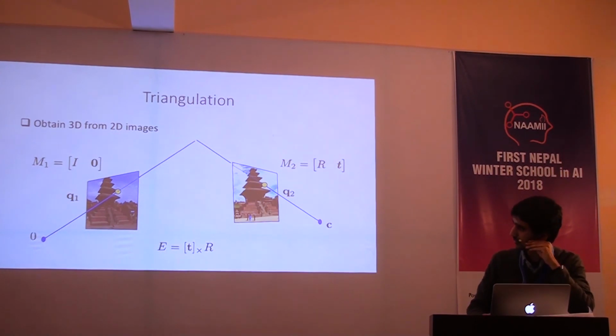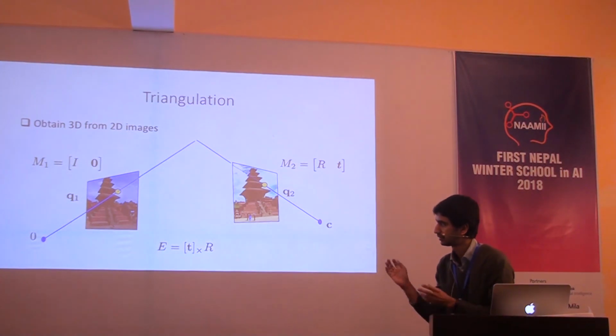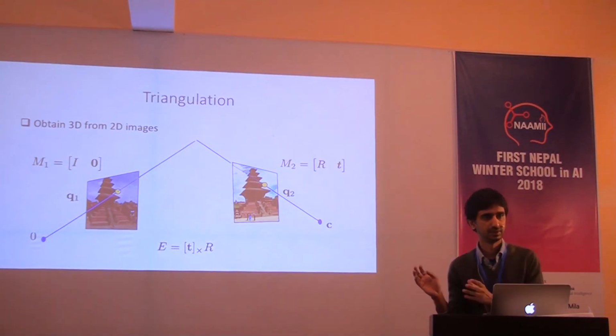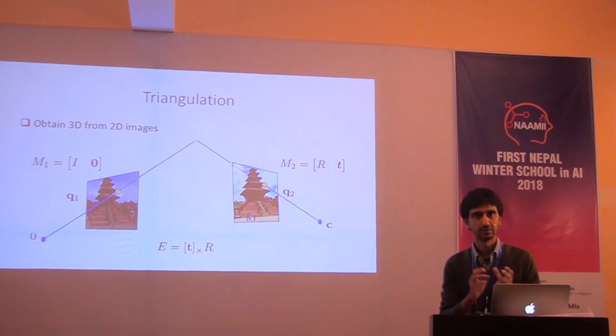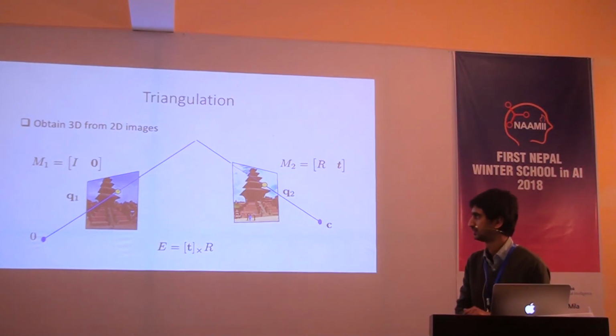In this equation, we know that for the essential matrix E, you cannot compute the scale of E, right? No matter which scale you choose, they will still satisfy the equations. So you don't know the scale of the translation.